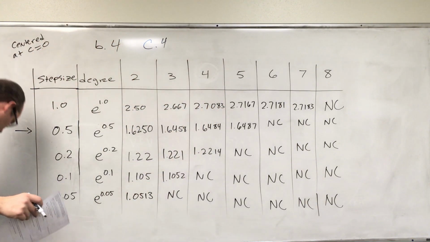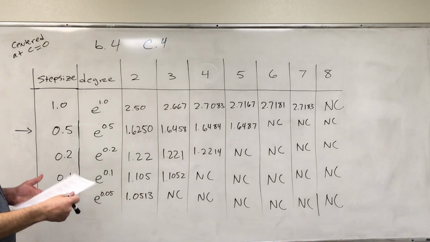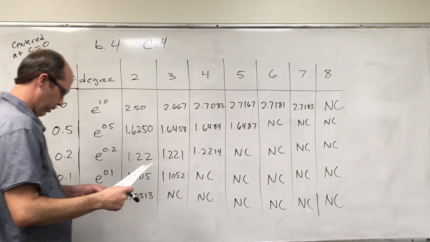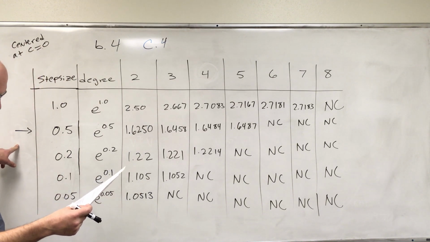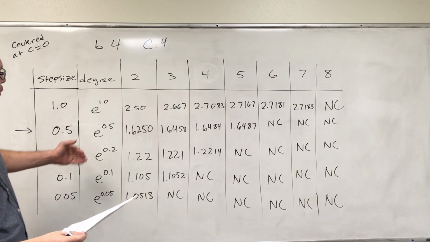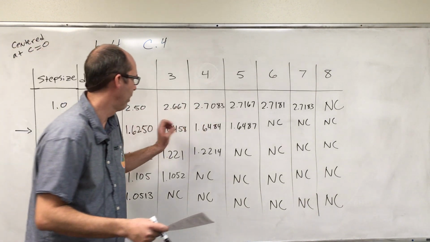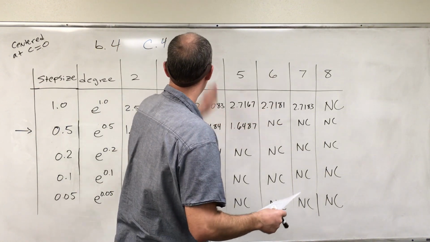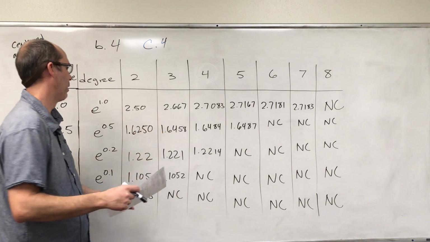All right, so let's see. Suppose that you're required to use step size 0.5, but you're allowed to select any degree less than or equal to 4. The approximations are getting better as we move this way, right? So 4 is the best choice. 4 is a better approximation than 3.